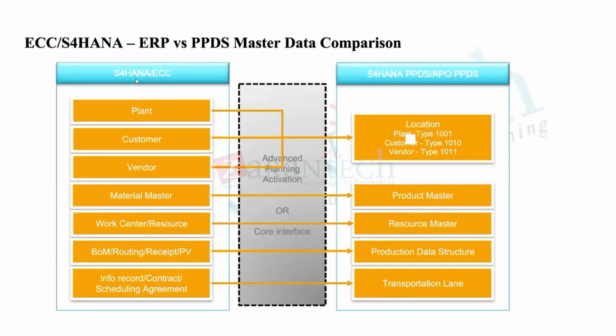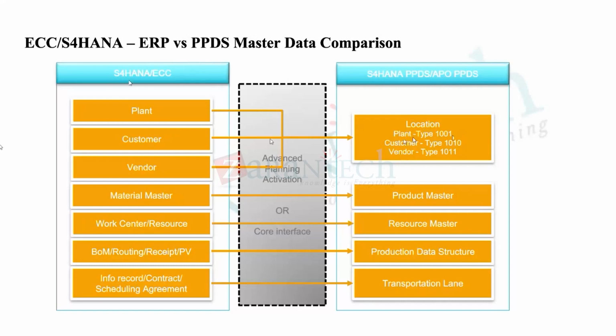Whether it is S/4HANA in ECC, S/4HANA PPDS or APO PPDS, when you have a plant, customer, and vendor, all of them would go as a location in the system, and they are differentiated with location types. Correct. I am going to run through here because I'm assuming you have seen this as part of your APO day-to-day work. And ultimately, what we need for PPDS is only plants. Correct. Still, it would arrive in PPDS as a plant or location type 1001.